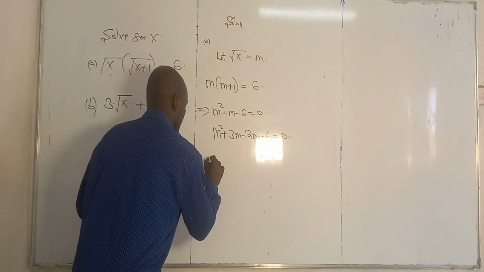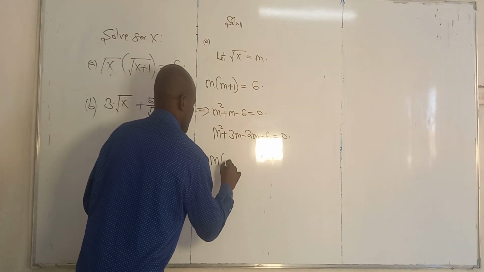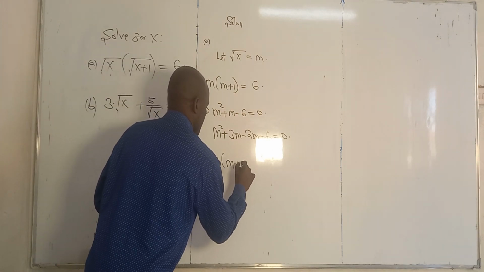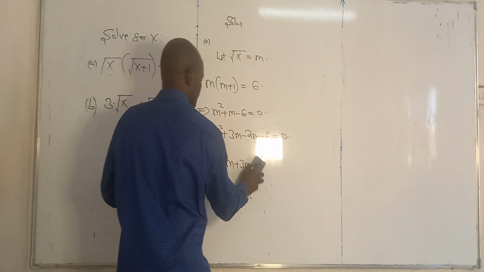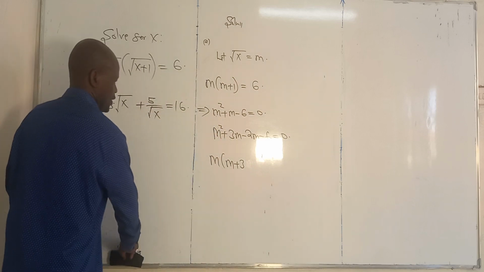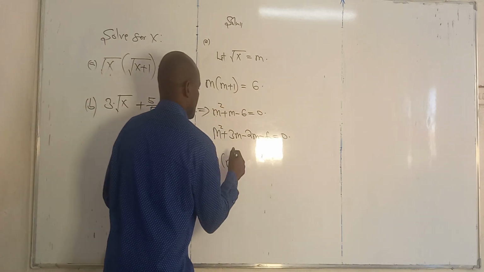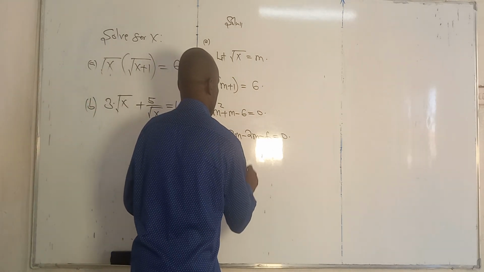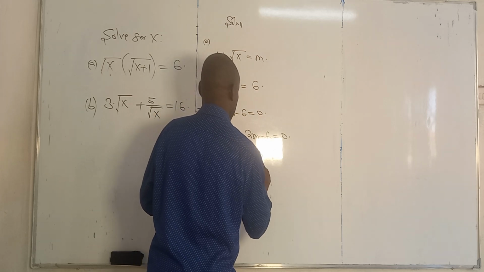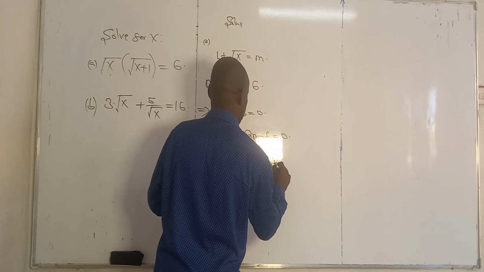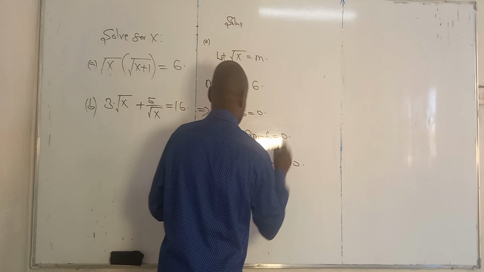So I factorize, I have m here and say this is m plus 3, then minus 2, and m plus 3 again is equal to 0.